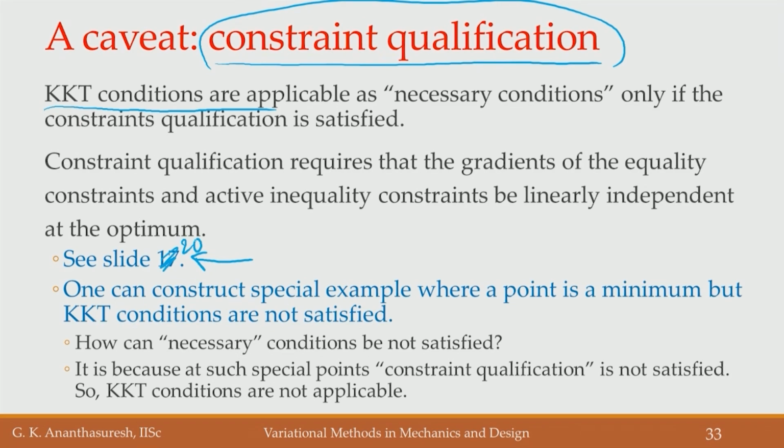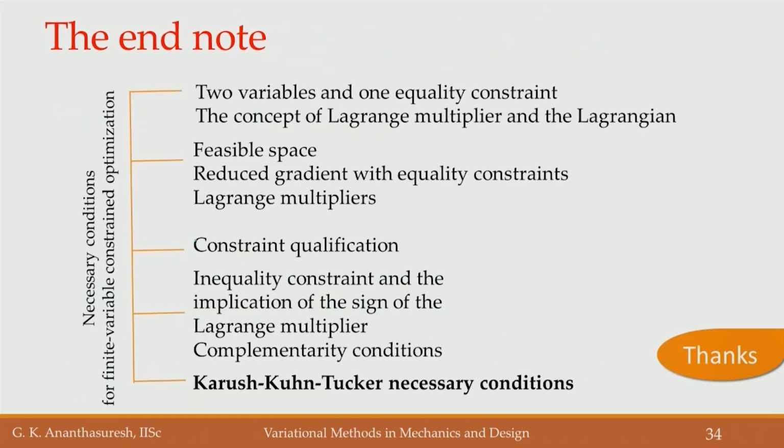When you have a problem, please check and ensure that the gradients of the equality constraints are linearly independent, so that when you try to eliminate some variable perturbations in terms of the others, you take an inverse, you need that non-singular matrix there, which is satisfied only if they are independent. Okay. That is the constraint qualification that we need to remember.